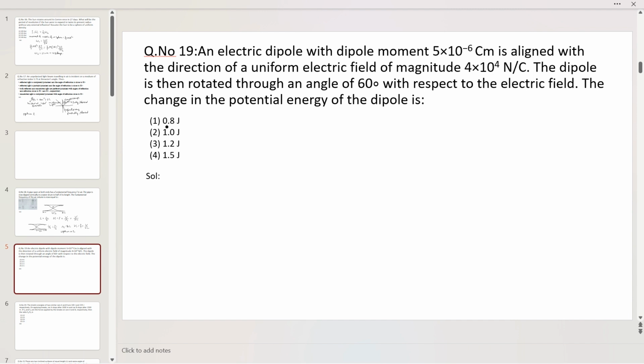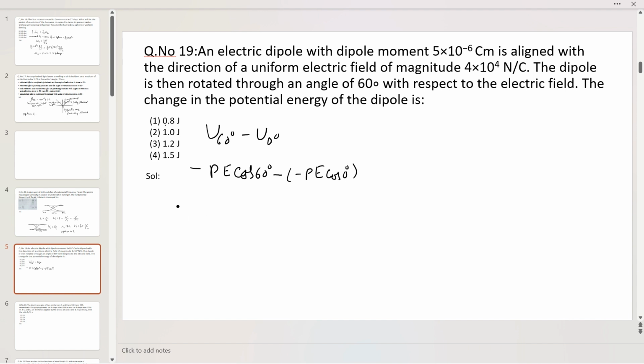So your change in potential energy is equal to U at 60 degree minus U at 0 degree. So U at 60 degree is equal to minus dipole moment into electric field cos 60 degree, minus P E cos 0 degree.